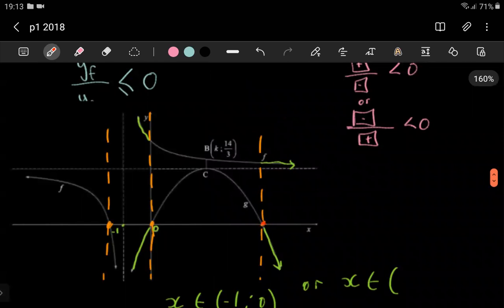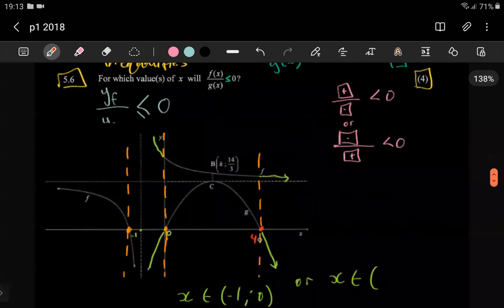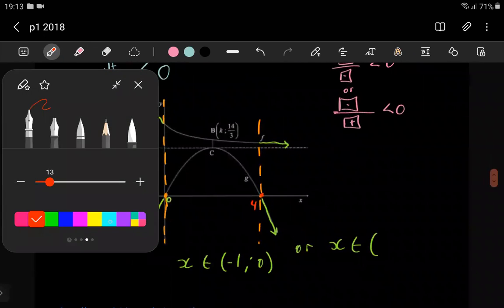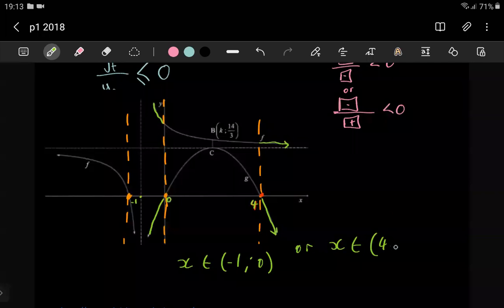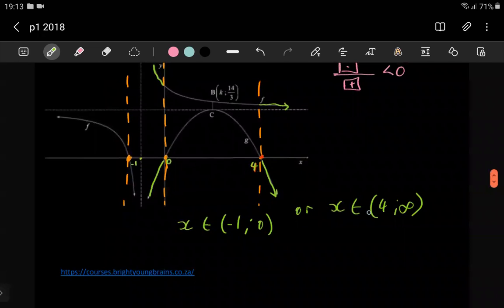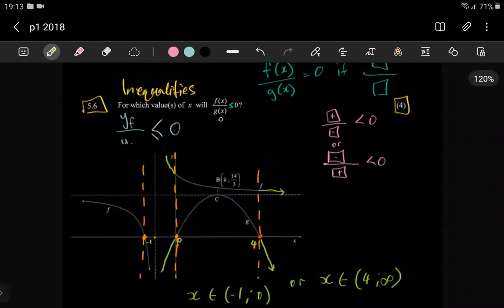So that is already something we should know because they're not going to tell us. We should know it. So here we're saying that the graph that qualifies for this question is from, I need to find the green now, it's from 4 all the way until positive infinity, like that, you see. So here we're not including the 4 because specifically at 4, the graph of G is a 0. And we said that you cannot have a y value of 0 at the bottom, you see.